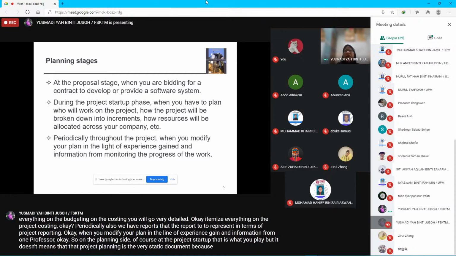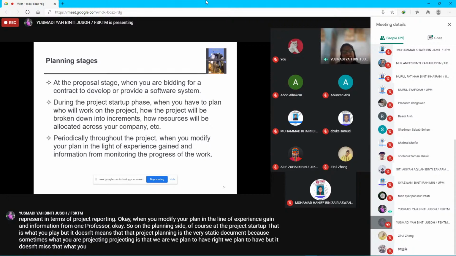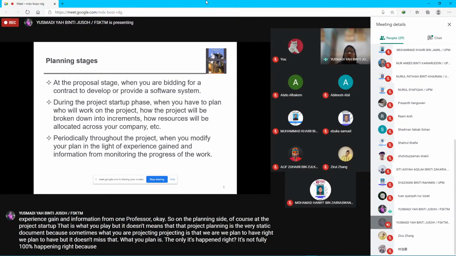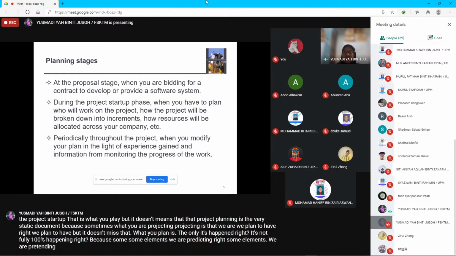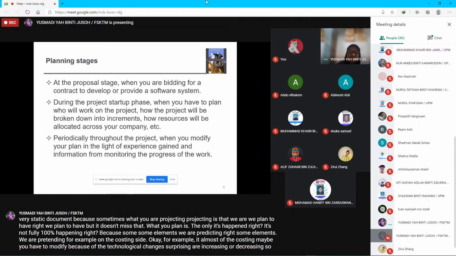Sometimes what we plan is not fully 100% what happens, because some elements we are predicting, for example on the costing side. Maybe you have to modify the itemized costing because of technological changes, with pricing increasing or decreasing. So it will happen like that.